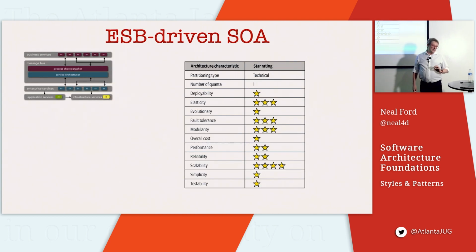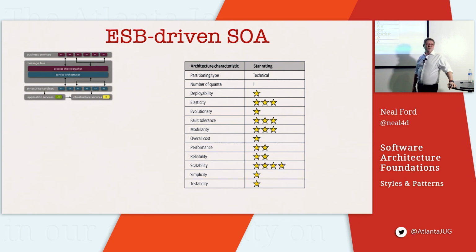So this star chart is actually biased against this orchestration-driven SOA because we chose these things because they were desirable characteristics in the current day and age, and none of these things were really even feasible or desirable back in the day. Like agility wasn't a big thing when this architecture was popular.